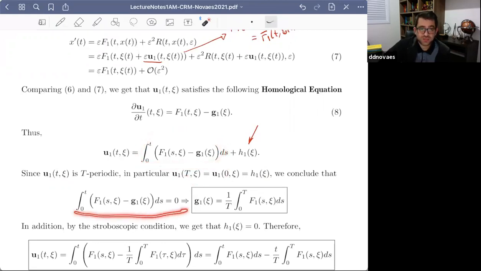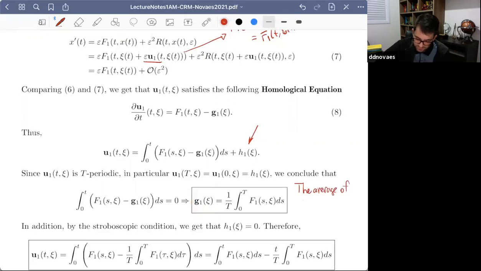And from this relationship, we get the expression of the first order average function, which is actually the average of f1(s, c).